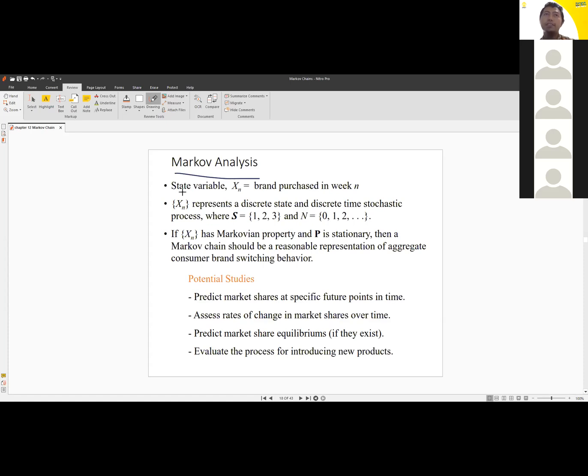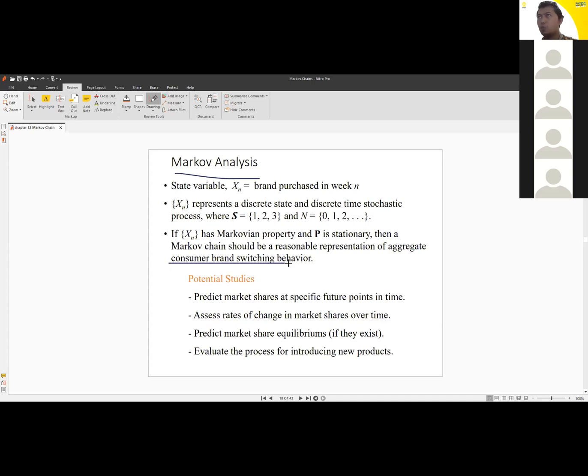In this case, the state variable is the brand purchased in week n. X represents a discrete-state, discrete-time stochastic process, where we have 3 states and a sequence of times. If X has the Markovian property and P is stationary, then the Markov chain should be a reasonable representation of aggregate consumer brand switching behavior.